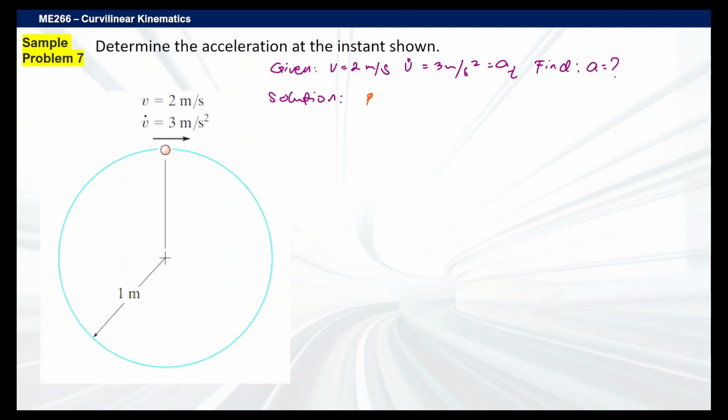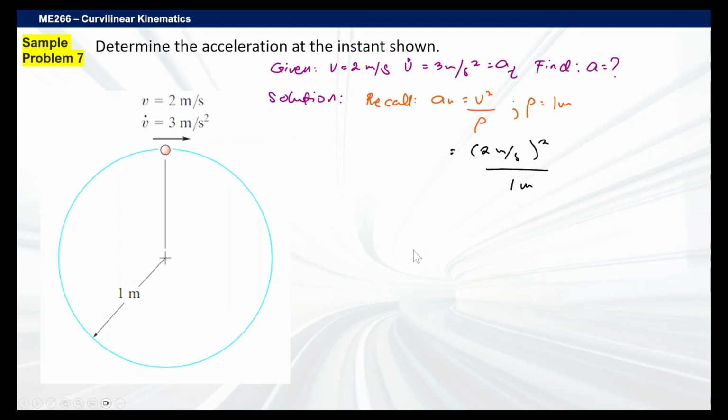So we already have those, and recall that the normal acceleration is v squared over the radius of curvature, which is 1 meter. So that's going to be 2 meters squared, 2 meters per second squared. So there's a correction there. Sorry, that's velocity. So 2 meters per second. And then we square it.